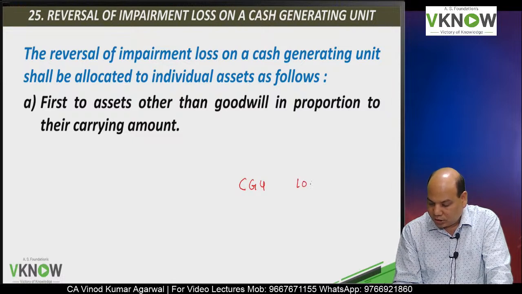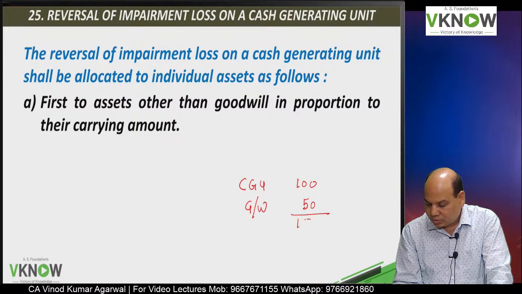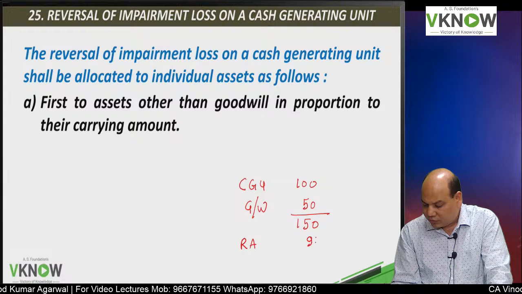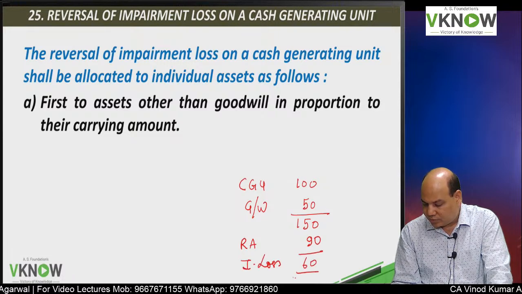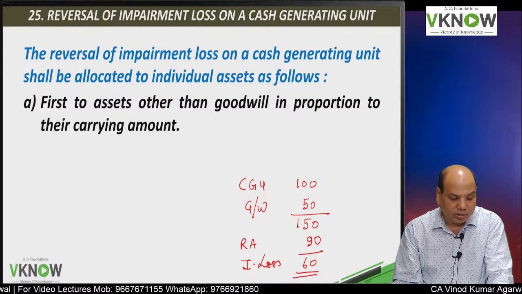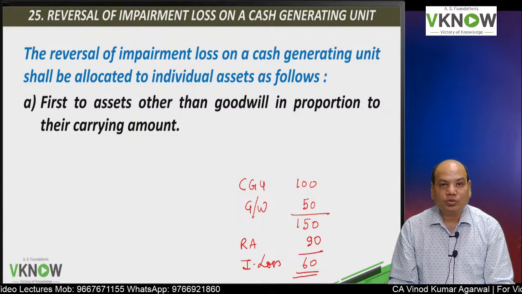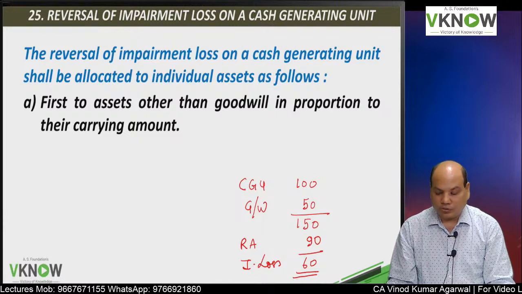CGU 100, goodwill allocated 50, after adding goodwill 50, recoverable amount is 90, impairment loss is 60. Now the issue is, suppose I have to reverse the impairment loss.